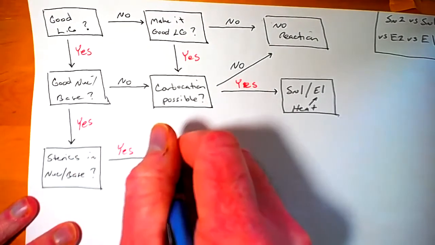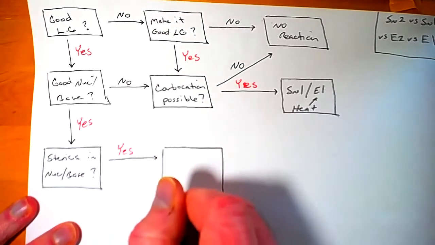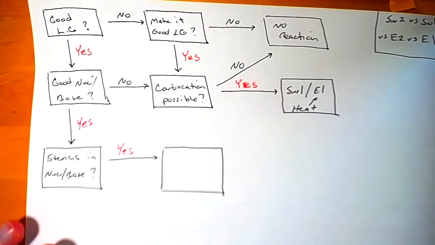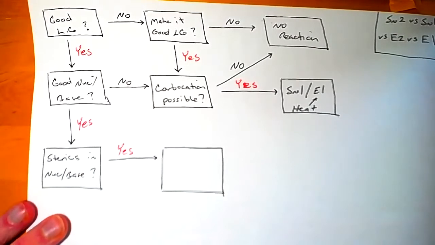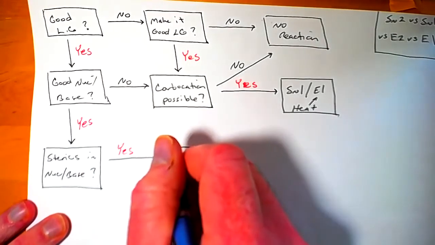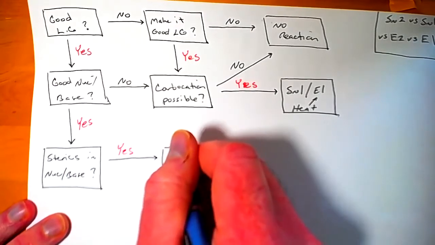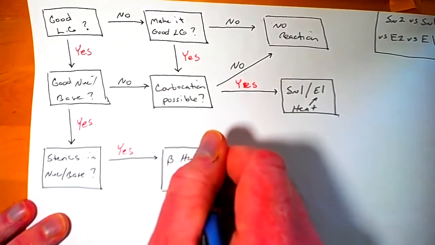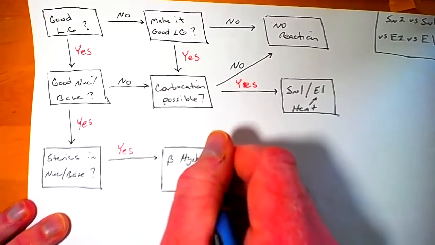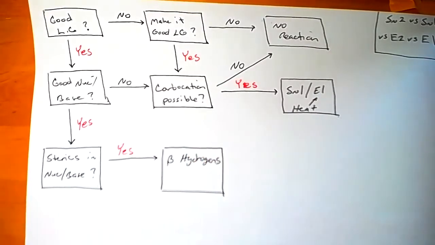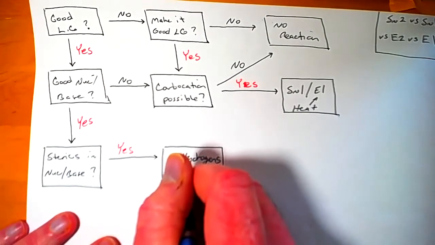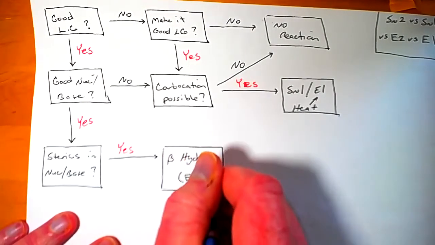then if you have beta hydrogens that are present, this is going to promote an E2 elimination.